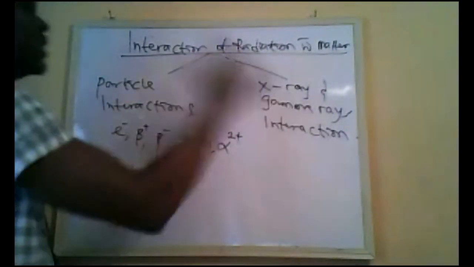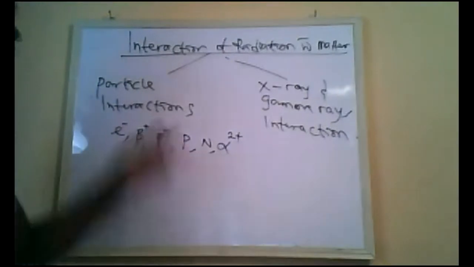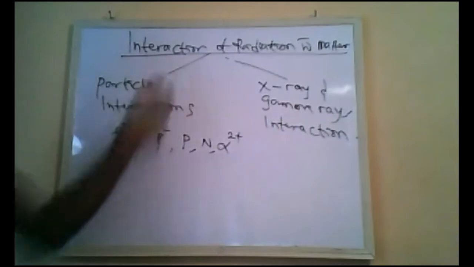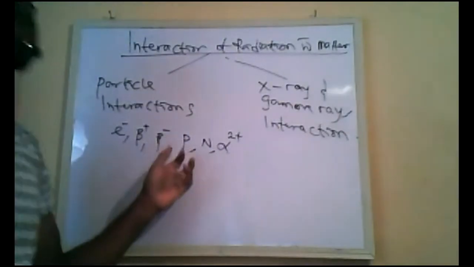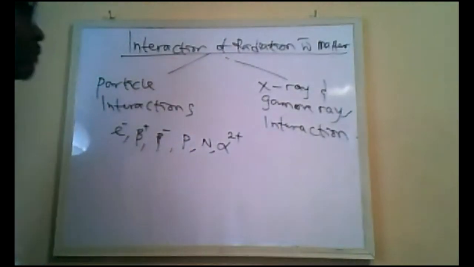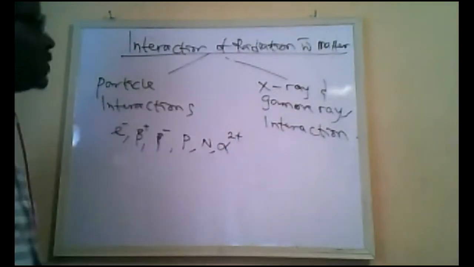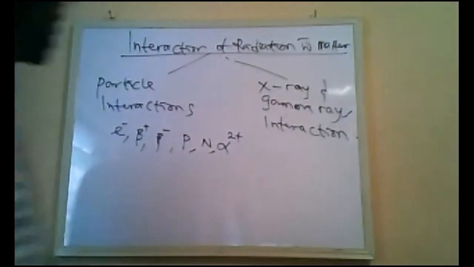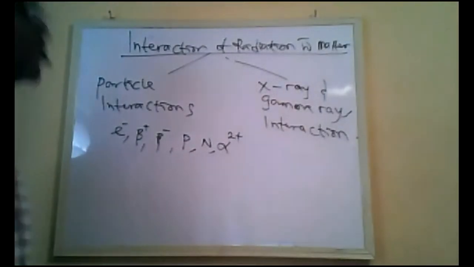The X-ray that has been generated knocks off electrons and so on and so forth to give rise to particle interaction. But for now, we want to divide the interactions of radiation with matter under these two headings: particle interaction and X-ray interactions.